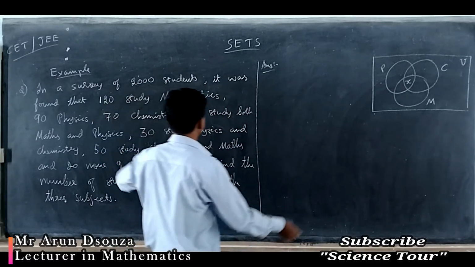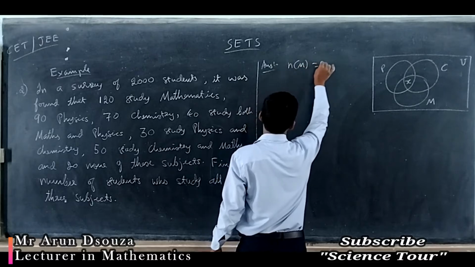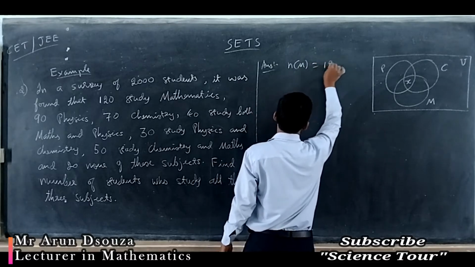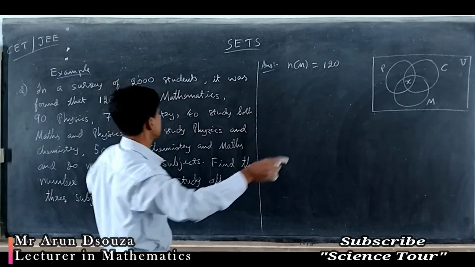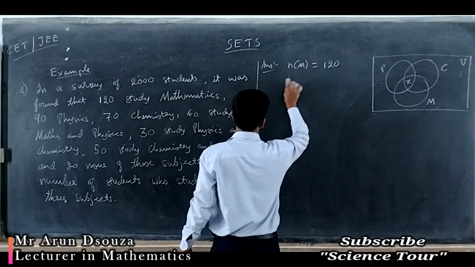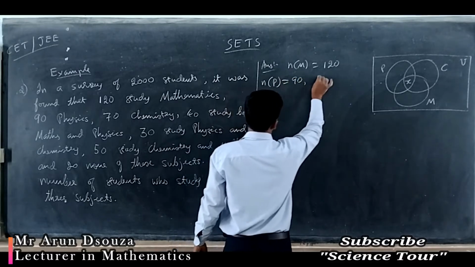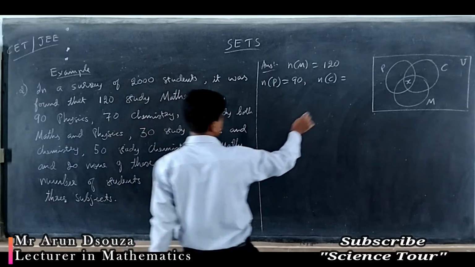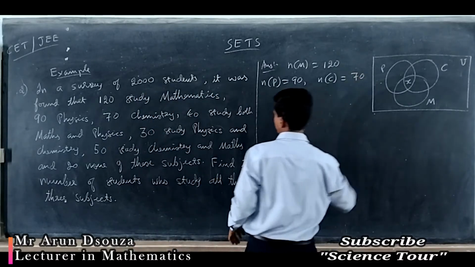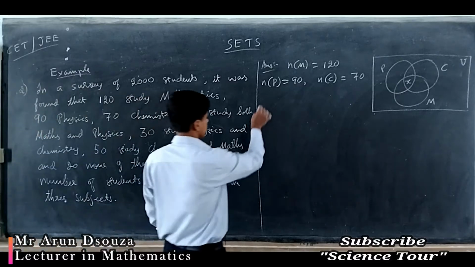So 120 maths, I'll write n of M. Then you have 90 physics, and then you have chemistry, that is 70, and 40 maths and physics.